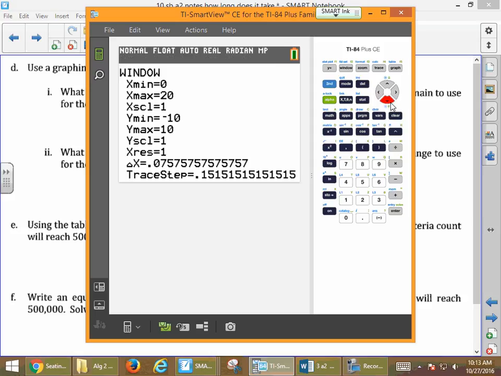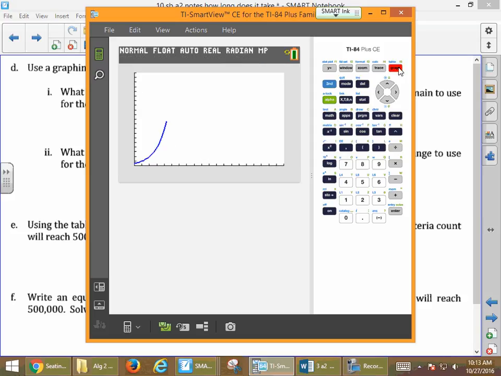Then I said 0 for the minimum. And we went to 1,000. And then finally I changed my scale to 50. 100 might also be a good one. But when we look at that now, we're going to get a more representative graph. And there's our picture.